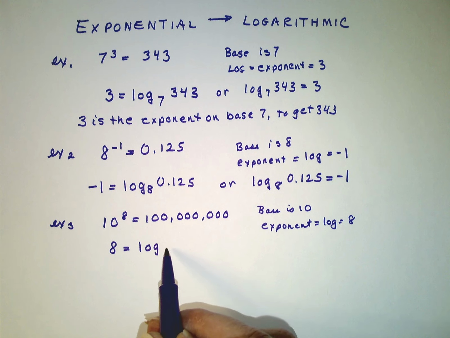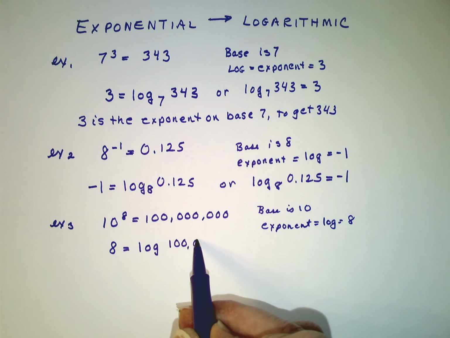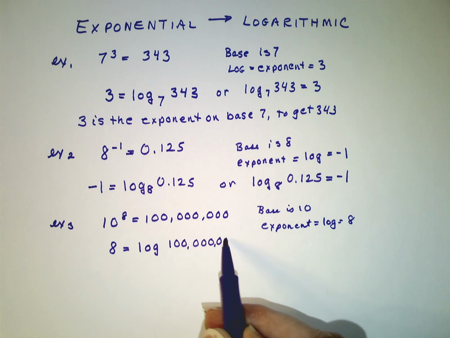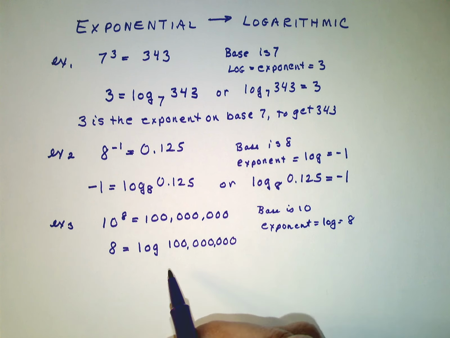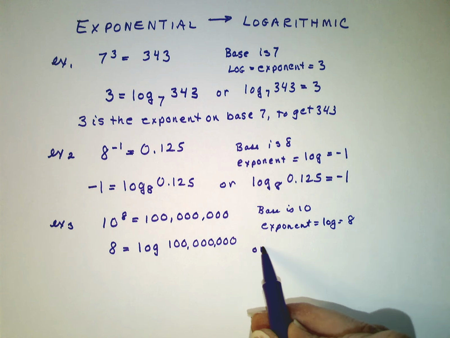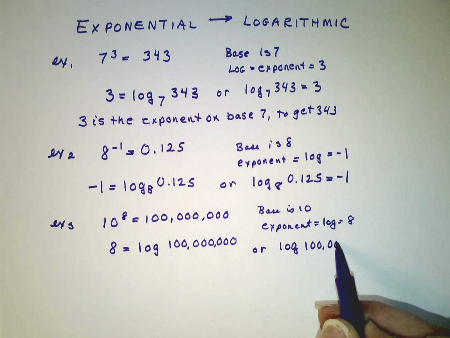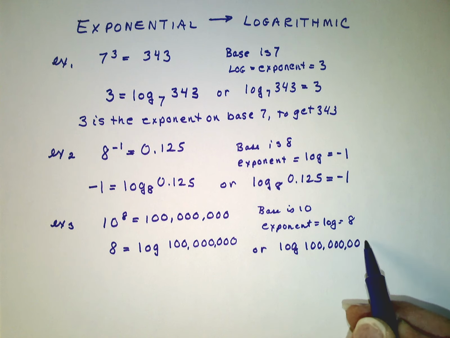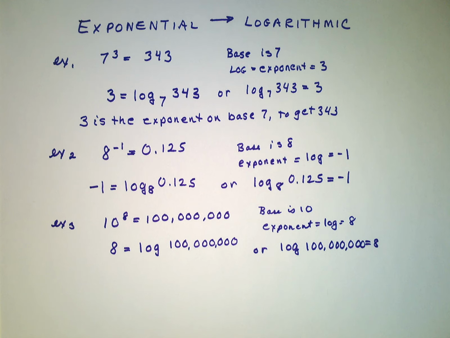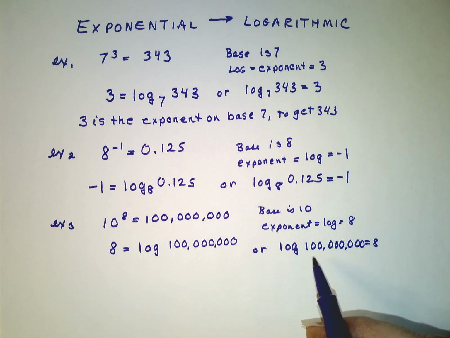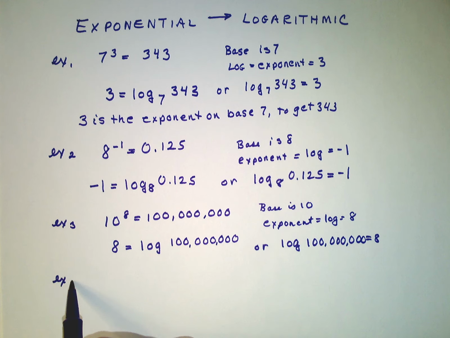We do not write the base 10. Or we could say that the log on 100 million is 8. The power that we'd put on base 10 to get 100 million is 8. Last one.